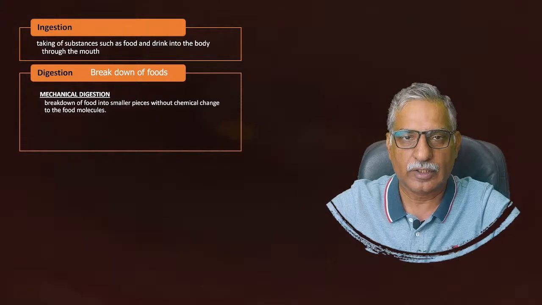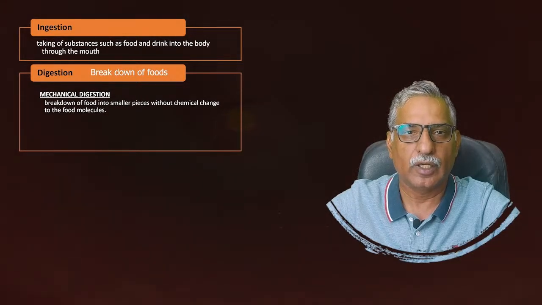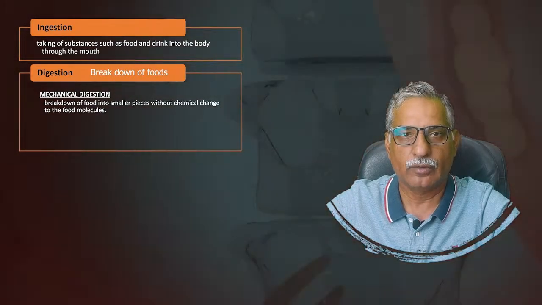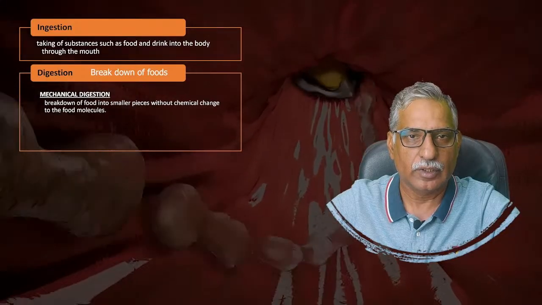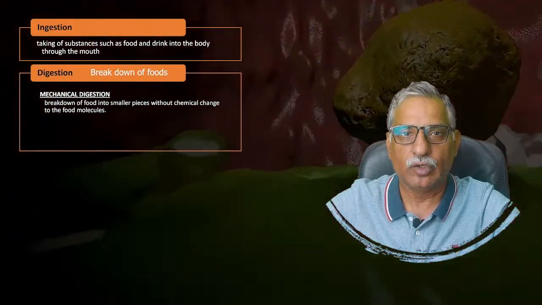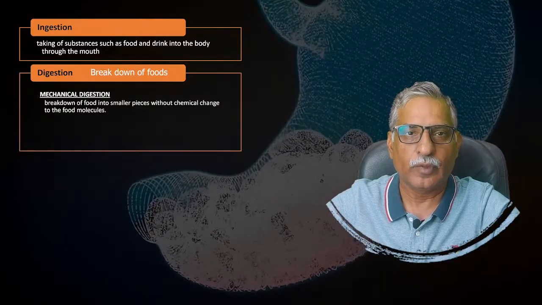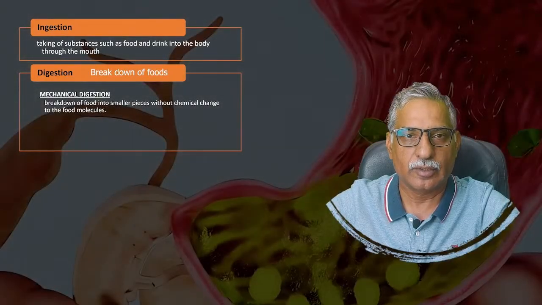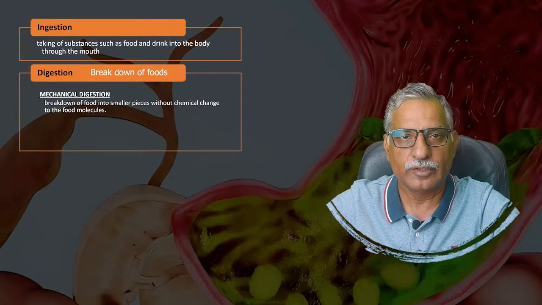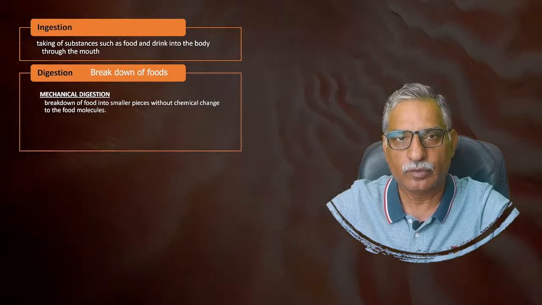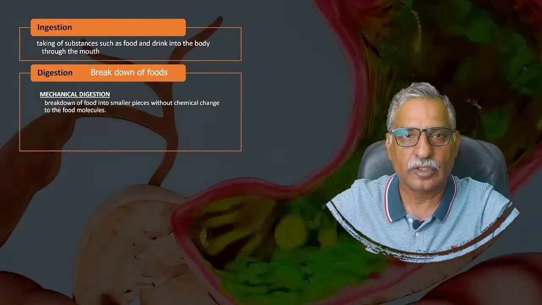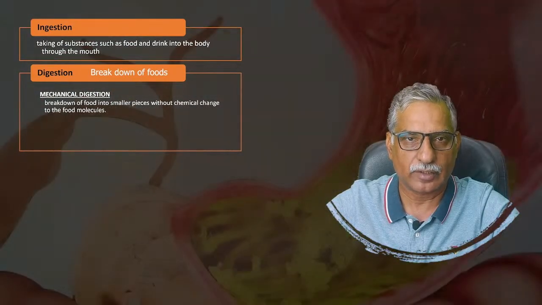In physical or mechanical digestion, larger food pieces are broken down into smaller food pieces. And remember one thing, no enzyme or chemical activity is involved here. It is a simple process where larger food pieces are broken down into smaller food pieces, and the molecular status of the food remains unaffected.